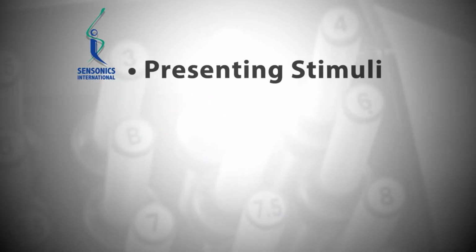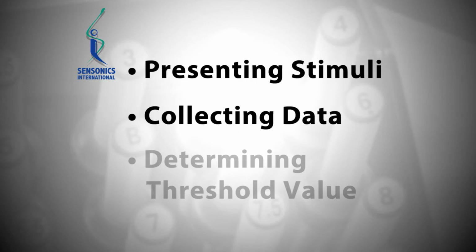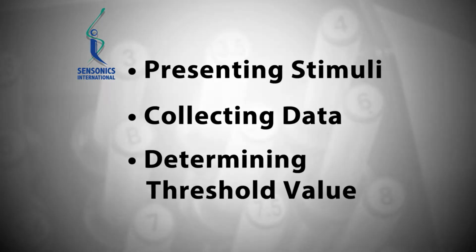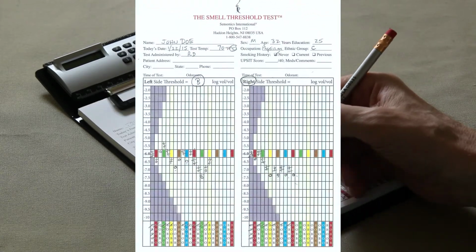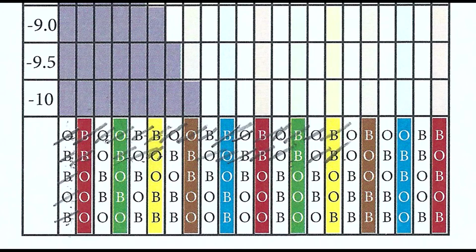I will now explain how we presented the stimuli and the procedure for collecting the data and determining the threshold value. So first of all, you'll notice at the bottom of this sheet, there are O's and B's. O means that trial, you present the odor first and then the blank. On the next trial, the B would be you present the blank first and then the odor.